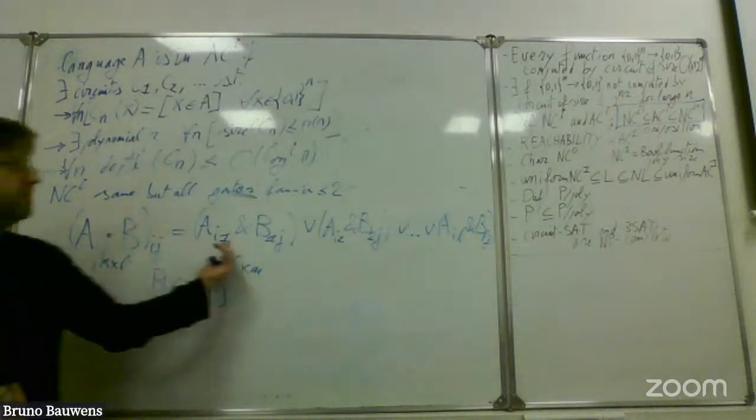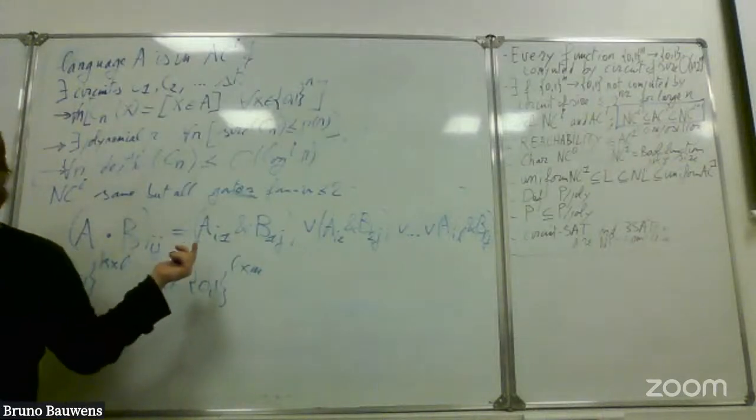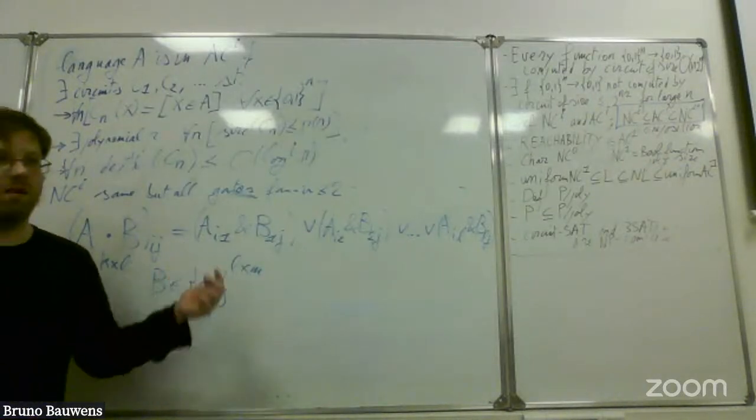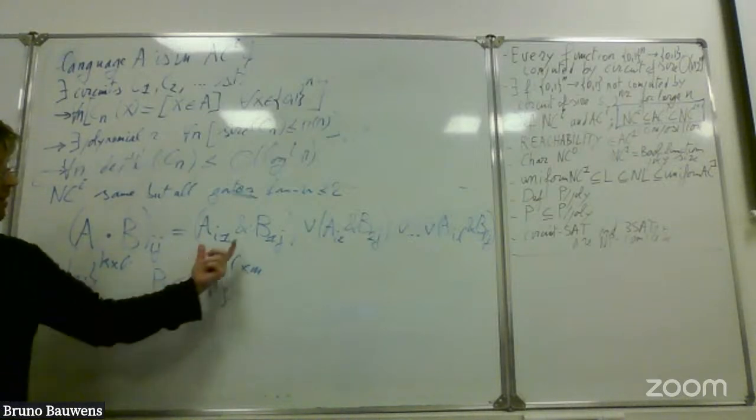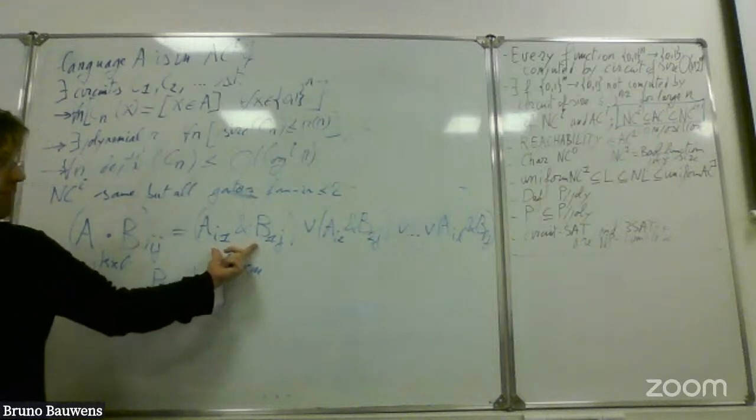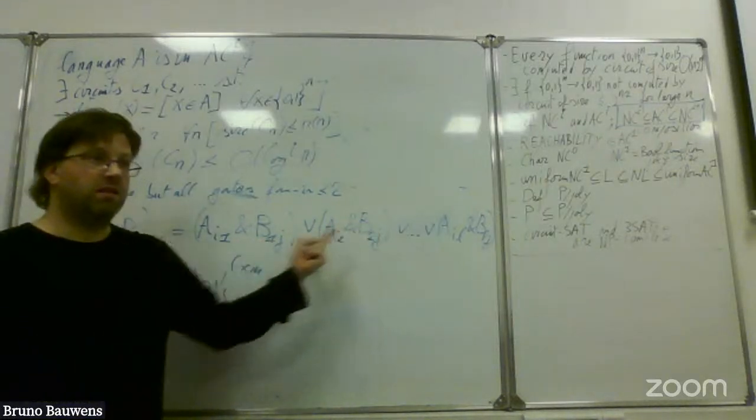And so here it's written as a Boolean formula, but a Boolean formula is a circuit. Why isn't it constant depth? Well, when we implement the circuit, we first compute all the ANDs, which is one layer.